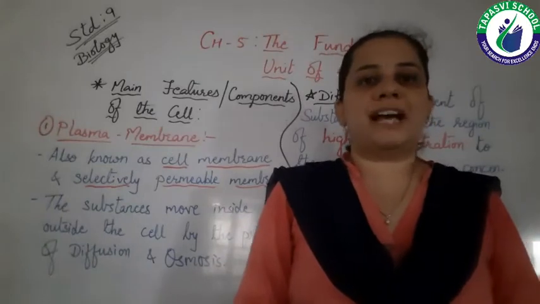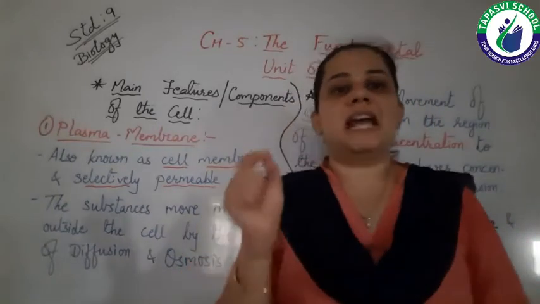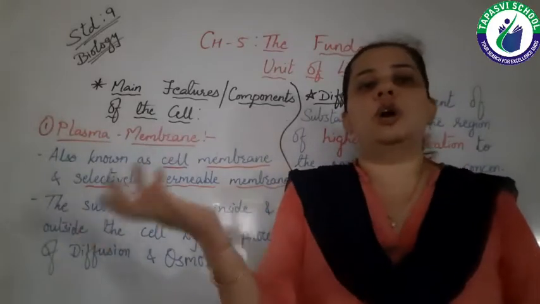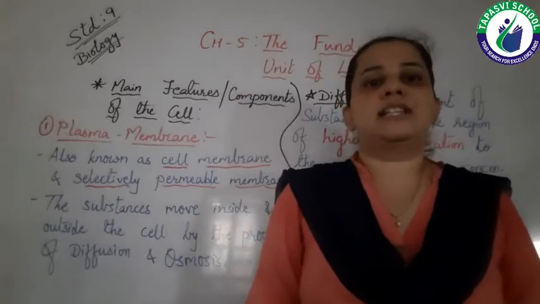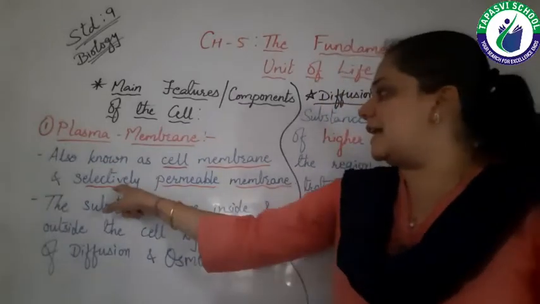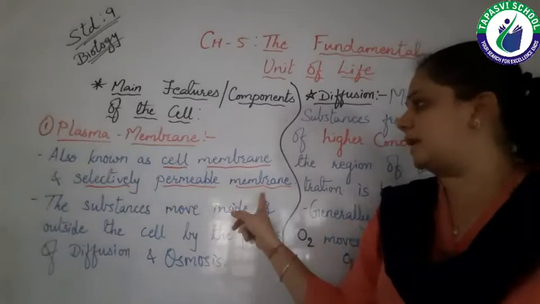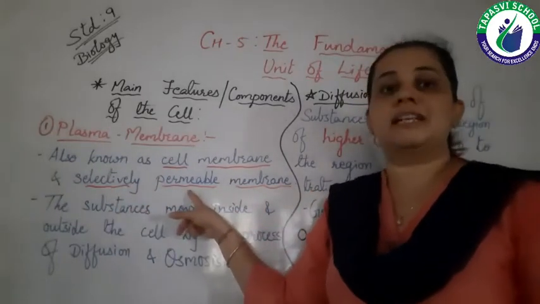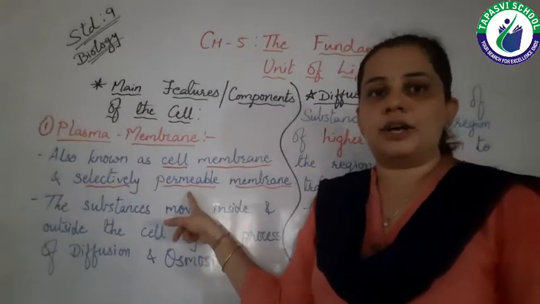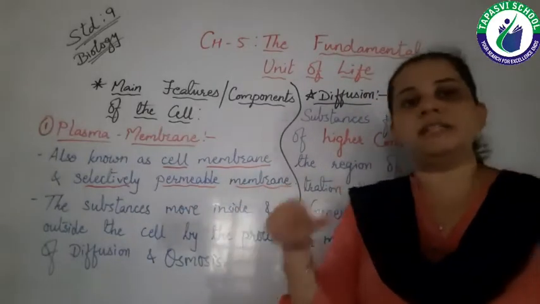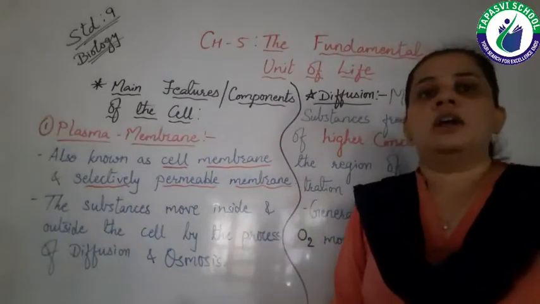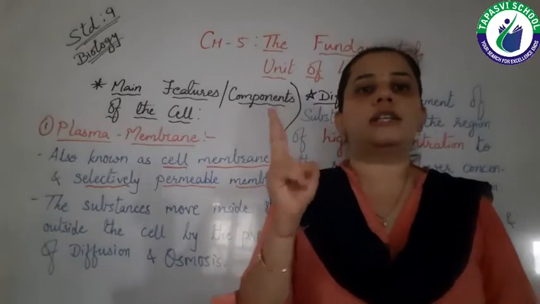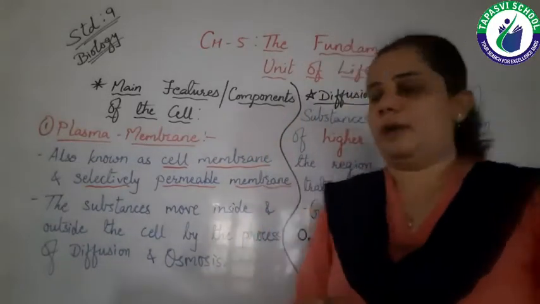So when the plasma membrane selects, only that substance can move inside the cell or go outside. That's why it is known as selectively permeable membrane. Selectively means it selects, permeable means it gives permission to enter or exit, and membrane means boundary. So again, plasma membrane is known as cell membrane or selectively permeable membrane.